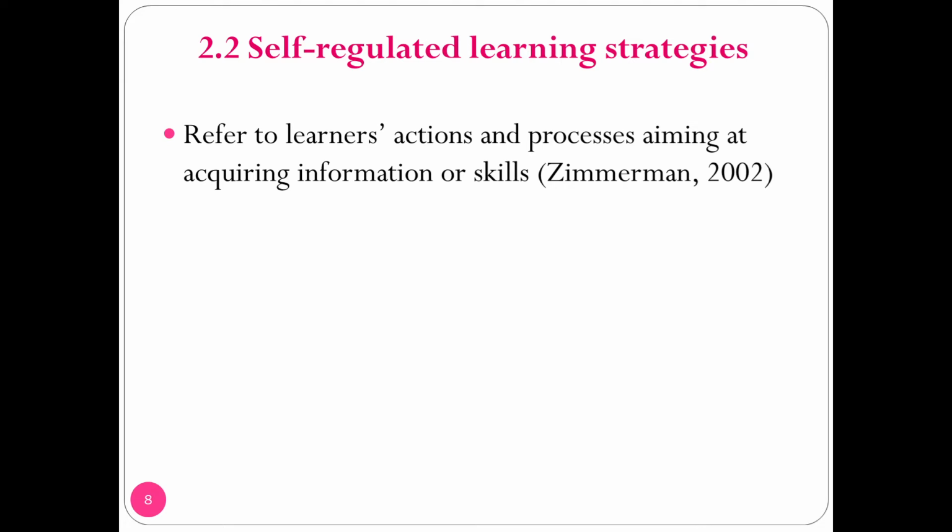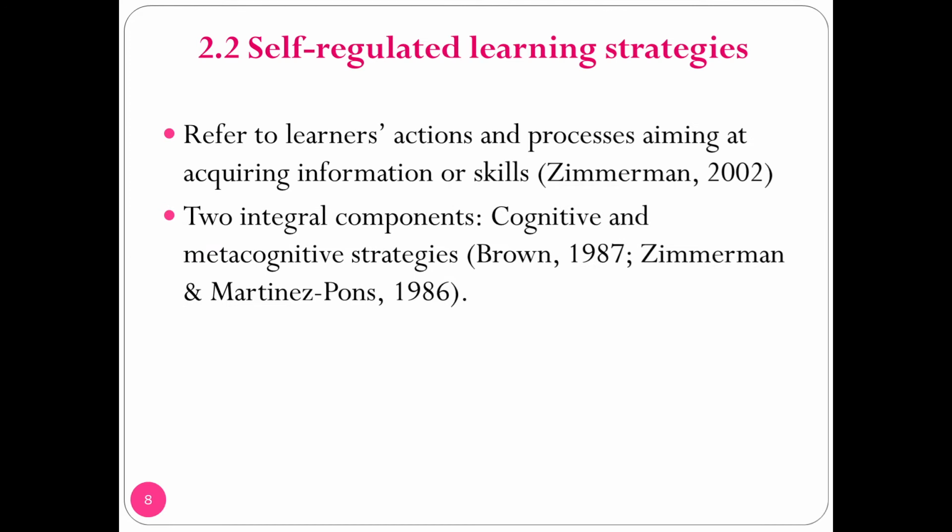Self-regulated learning strategies refer to learners' actions and processes aiming at acquiring information or skills. According to Brown, Zimmerman, and Martinez-Pons, there are 2 integral components, cognitive and metacognitive strategies.